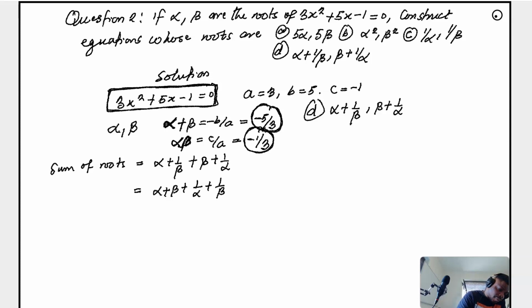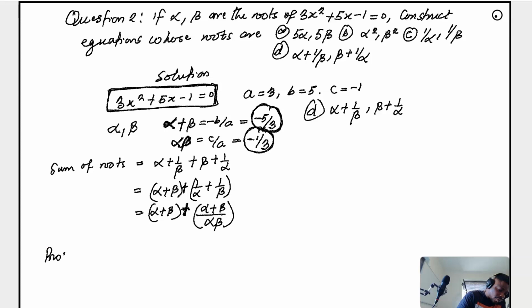I can still say this is the same thing as alpha plus beta, plus alpha plus beta over alpha beta. That is the sum of roots.